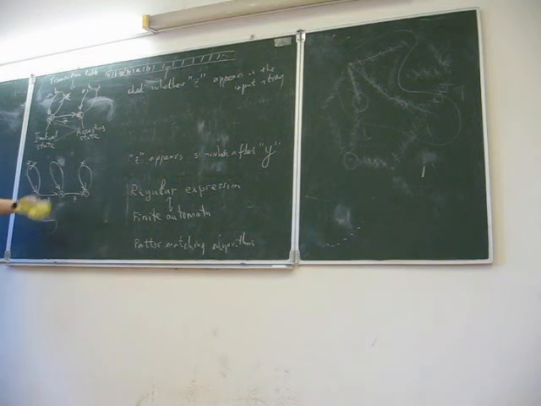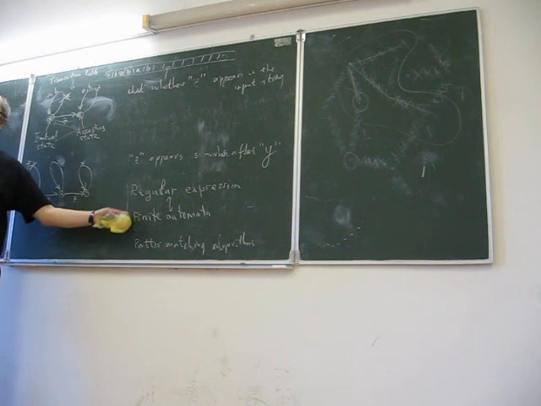There are fast algorithms for doing this. The first is called the Knuth-Morris-Pratt algorithm, and there are some others. They are based on this finite automata theory.